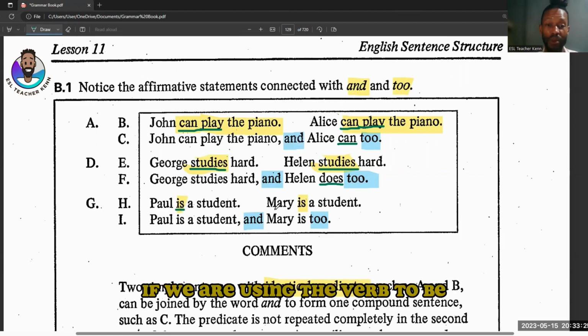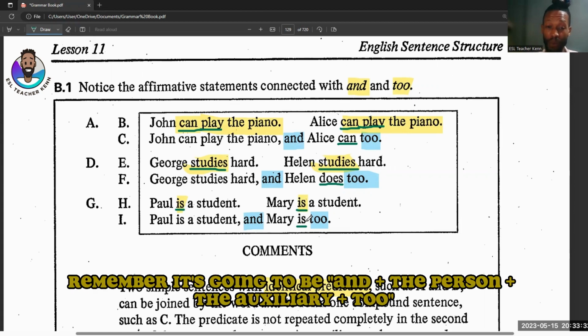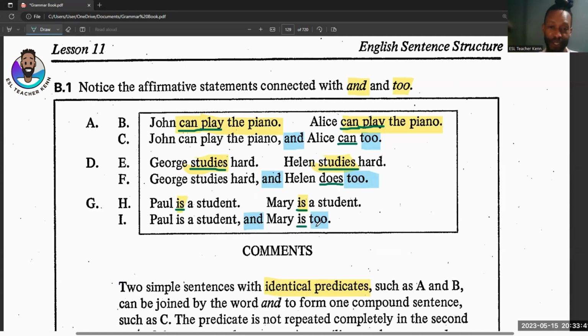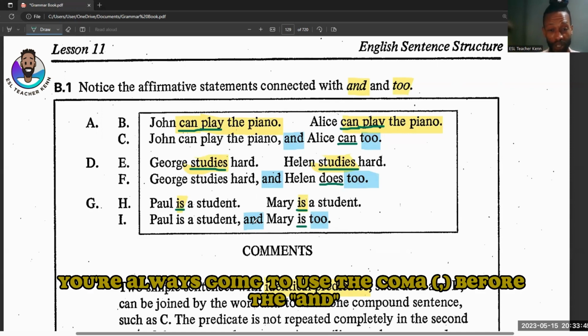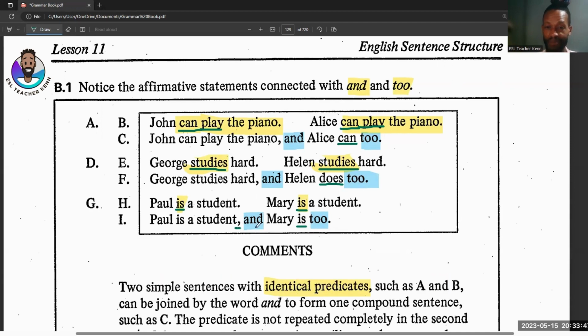If we are using the verb to be, we continue using the verb to be. Remember, it's going to be "and," the person, the auxiliary, "too." You're always going to use a comma before the "and."